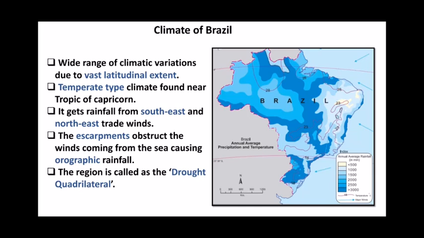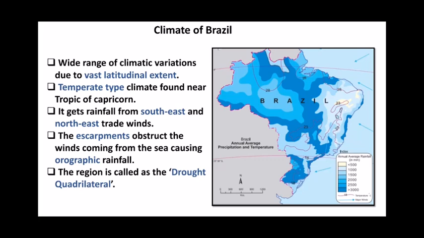Brazil gets its rainfall from the southeast trade winds and the northeast trade winds. Parts of the Brazilian highlands extend up to the northern coast. Children, I hope you remember the escarpments near the highlands towards the eastern side.